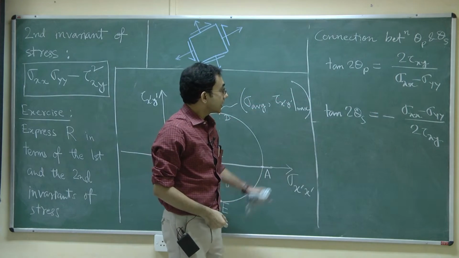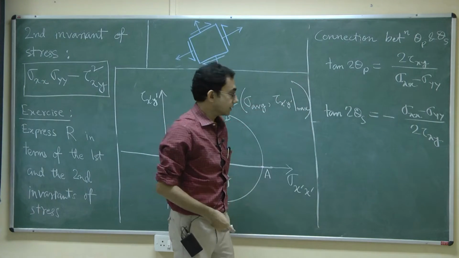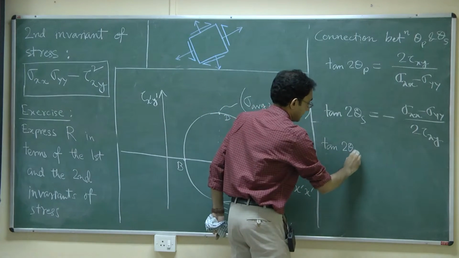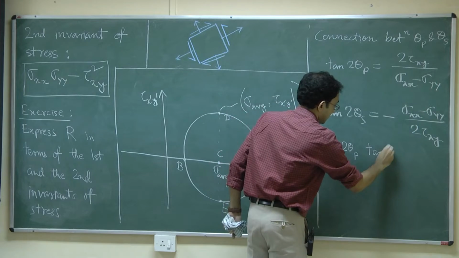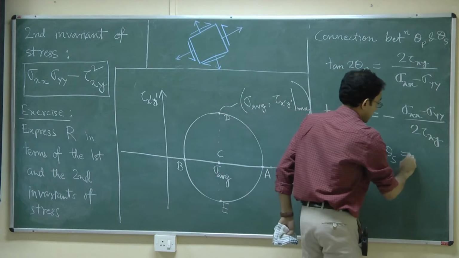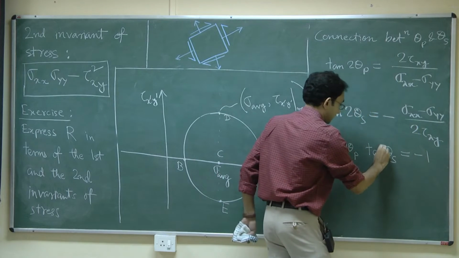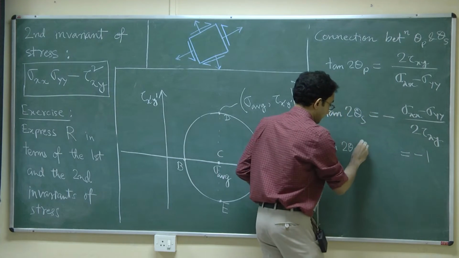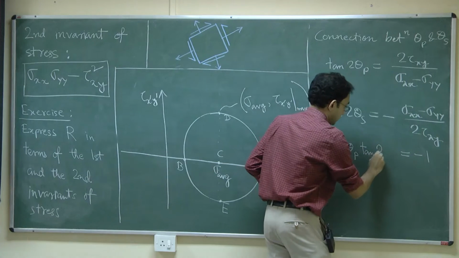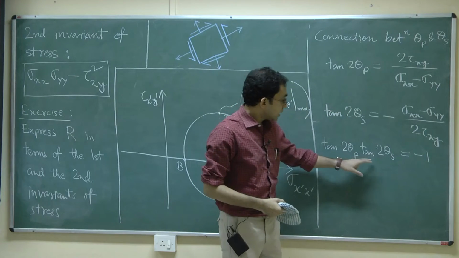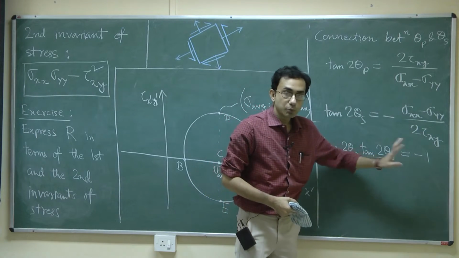What happens if we just multiply these two things together? What do we obtain? So tan 2 theta p multiplied by tan 2 theta s is equal to minus 1.